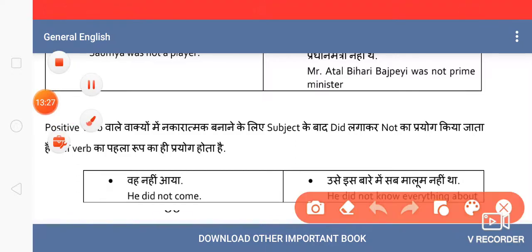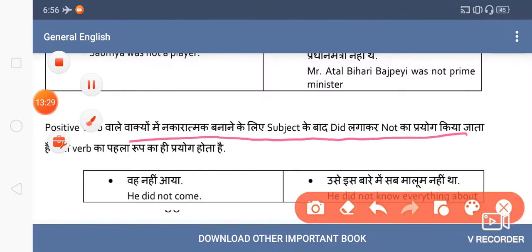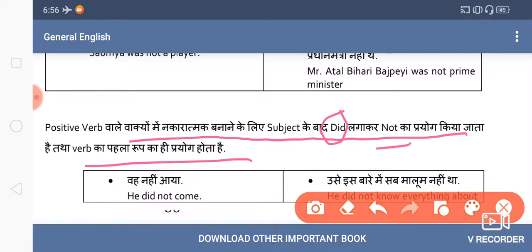The thing I was telling is given here. To make it negative, the sentences which are transitive, we use did, then not, then verb in first form, not in second form. Please keep in your mind. We generally commit mistakes with did. Like I generally listen to you people speaking, I did not went, meaning after did not we generally use second form. That is absolutely wrong use.